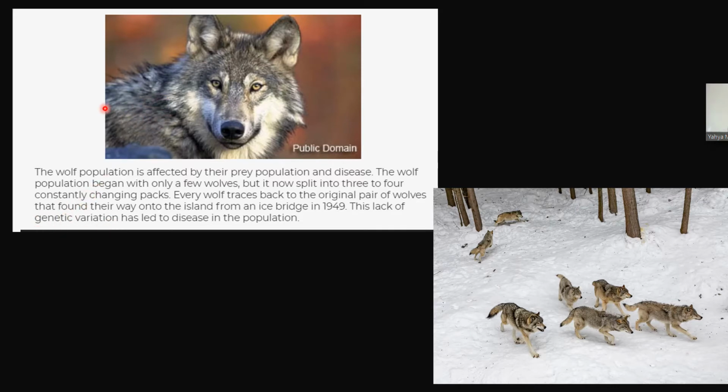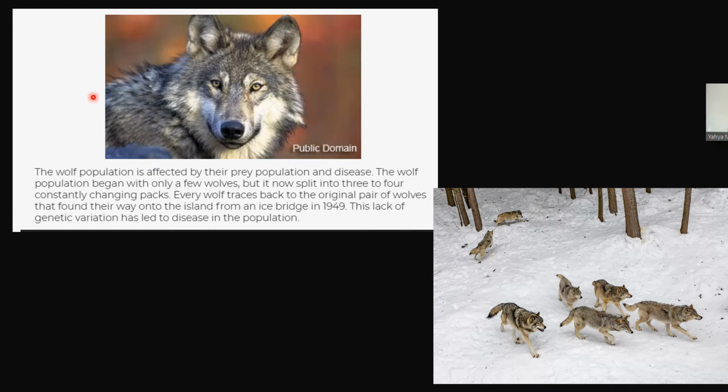It's going to kill off some of the members, but because there's variation, some of the animals are strongly resistant to the disease, and they can survive and keep the species going, even when the others die off. However, if you have no genetic variation, if pretty much all the animals are very, very similar in their DNA, then what happens?